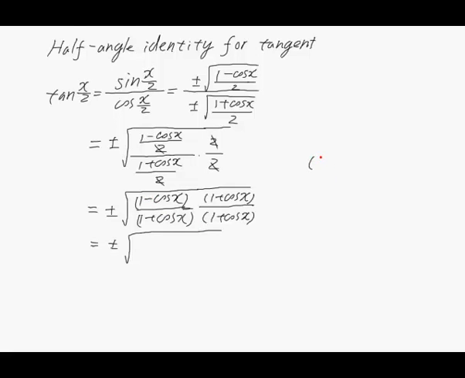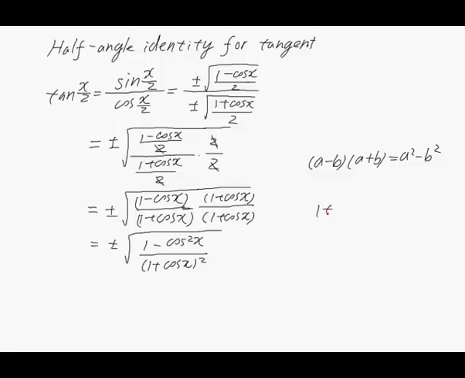You have the a minus b times the a plus b equal to a square minus b square, right? So now this numerator is equal to 1 minus the cosine square x. And denominator, this is the square of the 1 plus cosine x.